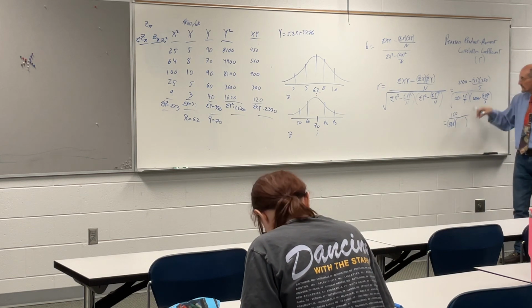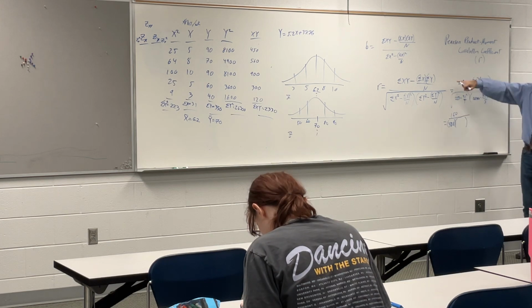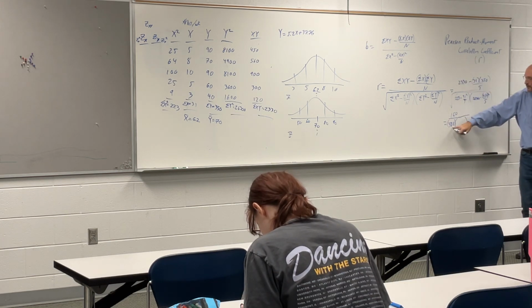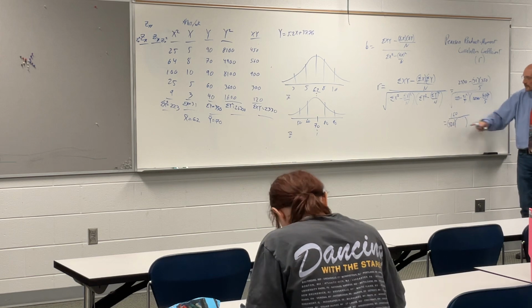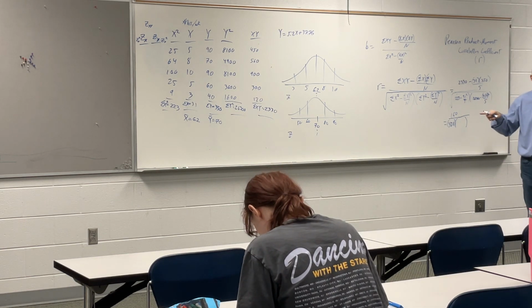That is two-thirds of the numbers you need here, because that number is the same numerator as it was before, and this is the same sum of squares for x that we calculated before. Now we just need to calculate this value, which is the sum of squares for y.